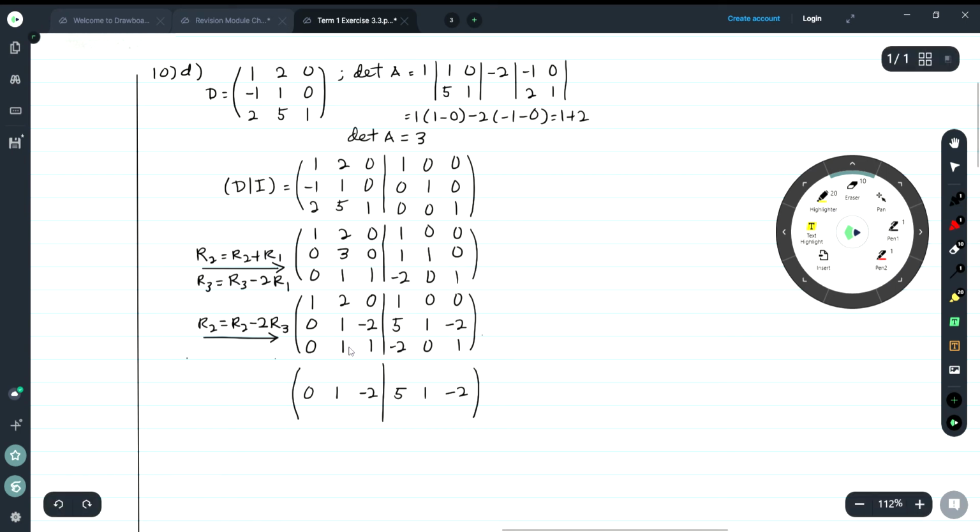Okay, next, yes? If we use R2 minus R1, 3 minus 2, then it will affect the first value, because if R2 minus R1, of course this one will be 1, but for this element, 0 minus 1 will be negative 1.